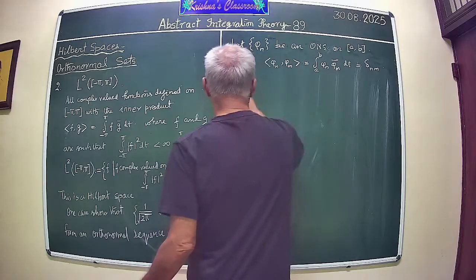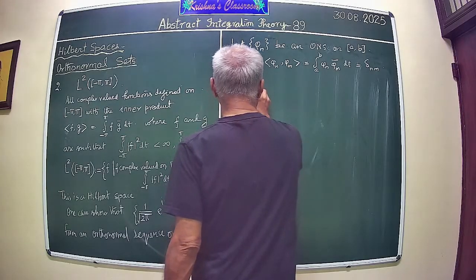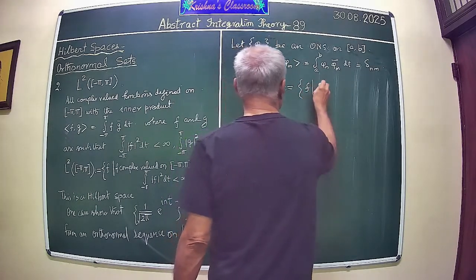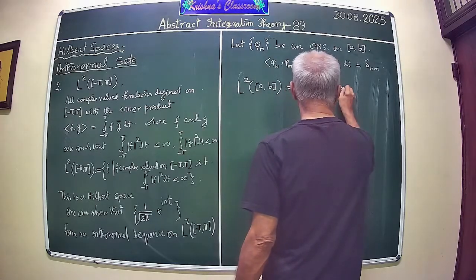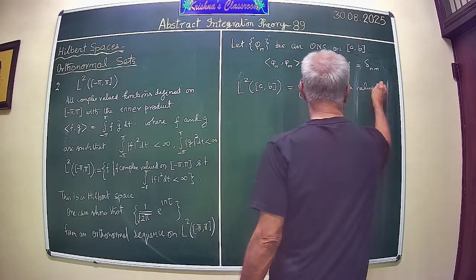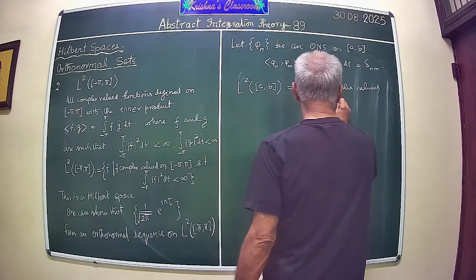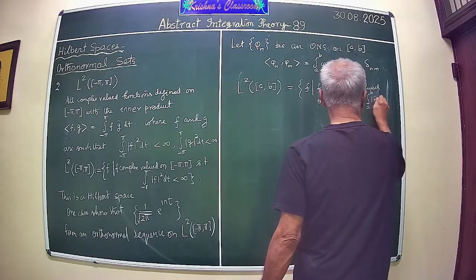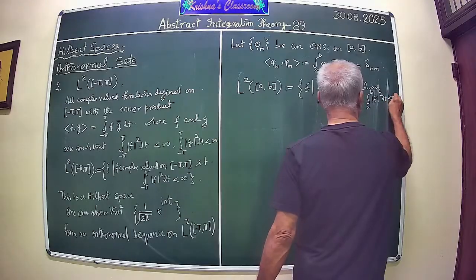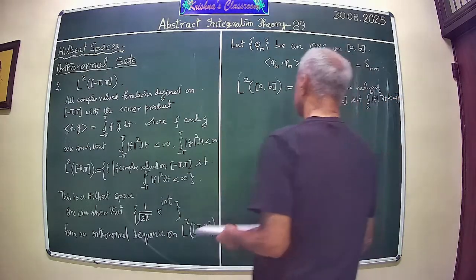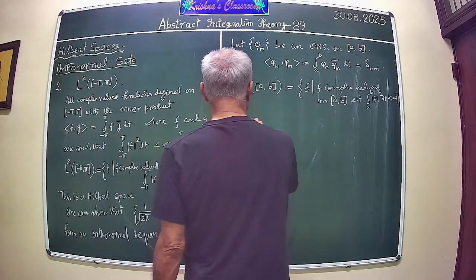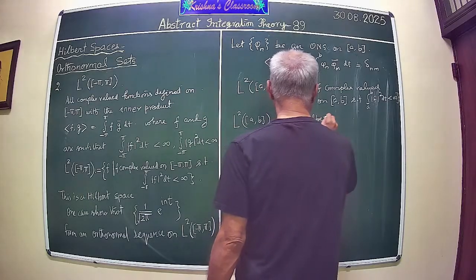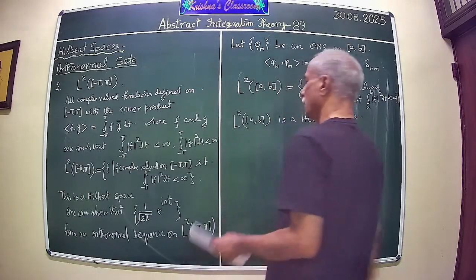So that means we consider L2 AB, and this is again a Hilbert space.